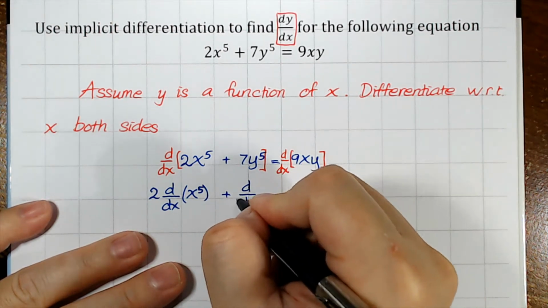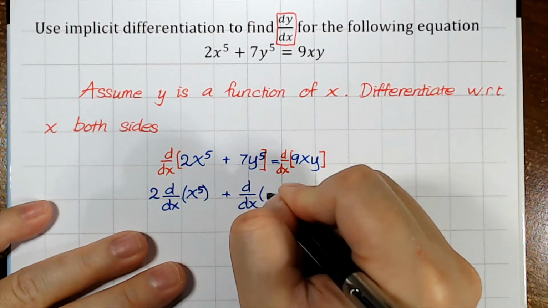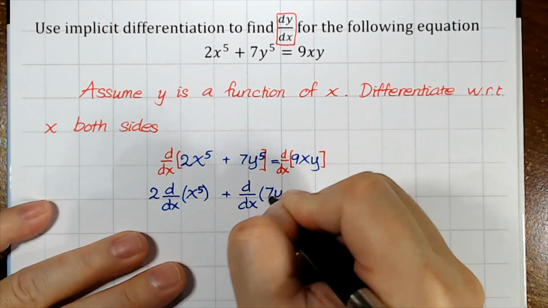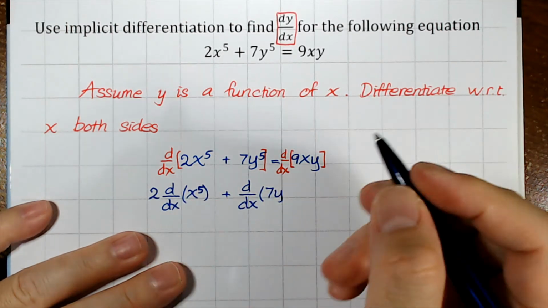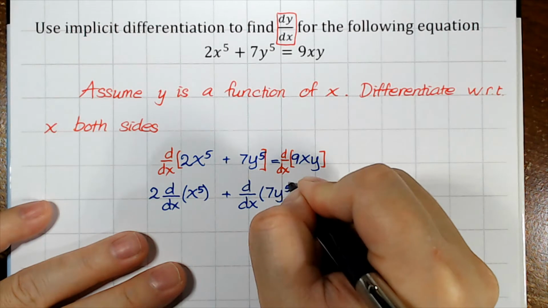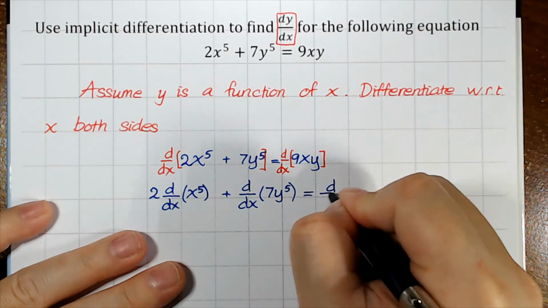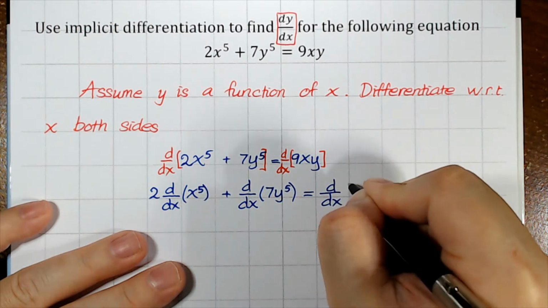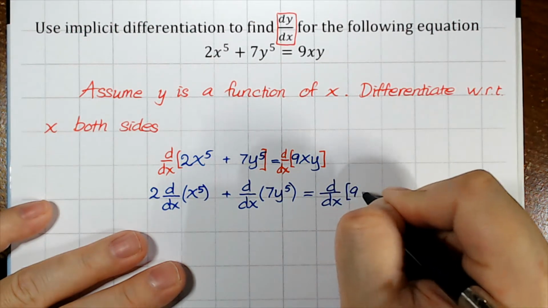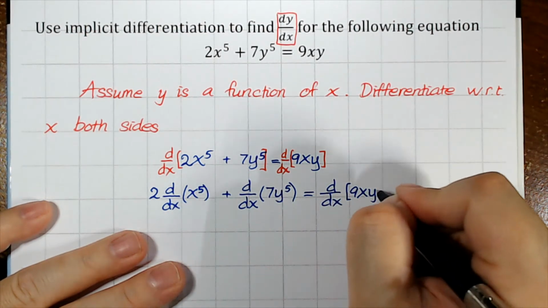I could put the 7 outside or inside, doesn't matter. Let's just keep it inside. I can put the 2 inside here as well. And then the other side, the derivative. I just keep the constant inside the derivative.